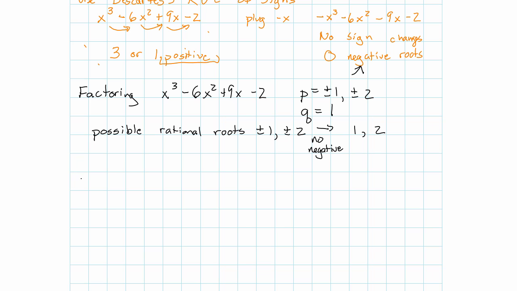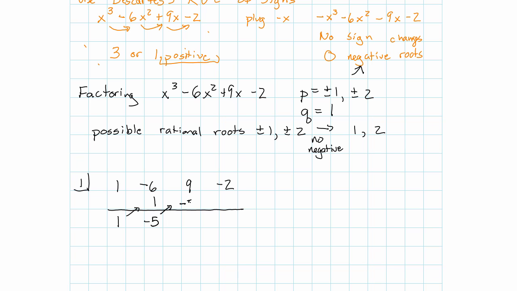So I'm going to try 1 first. Our coefficients, we've got a 1, a negative 6, a 9, and a negative 2. Drop down the 1. 1 times 1 is 1, plus negative 6 is negative 5.